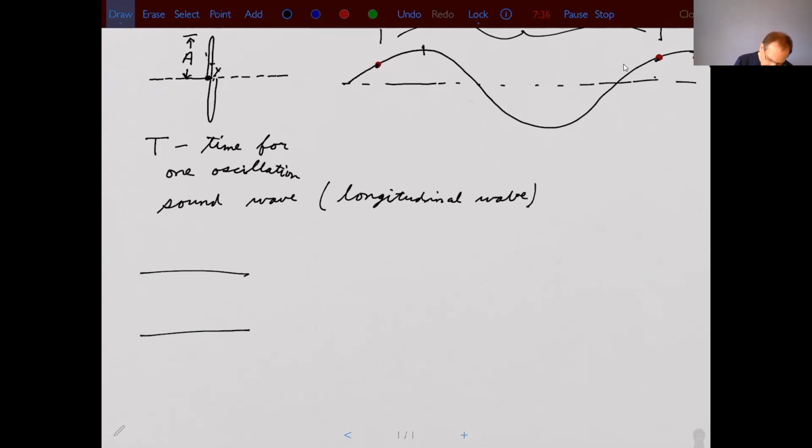Let's say this is a particle of the air, and this is the equilibrium position. That air particle can oscillate back and forth. If I go from the equilibrium position to the furthest point that the particle goes, that's going to be the amplitude.